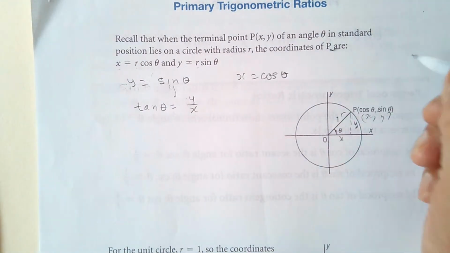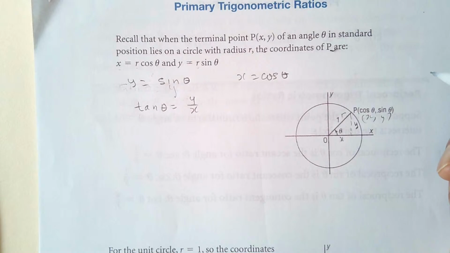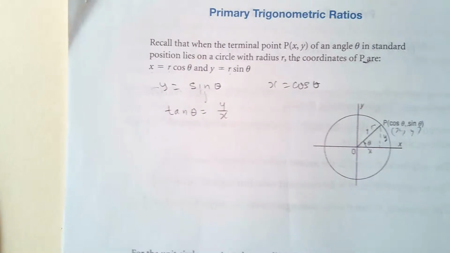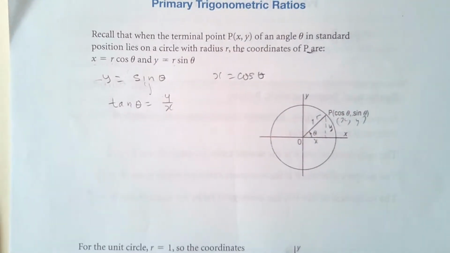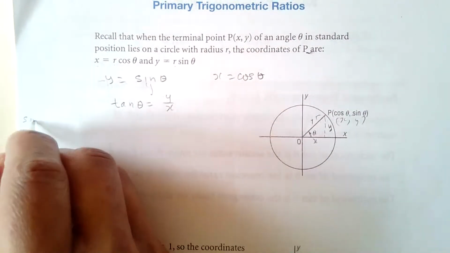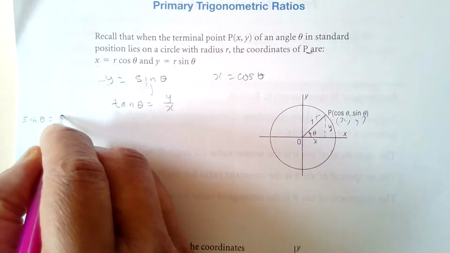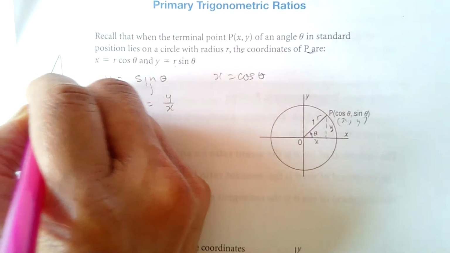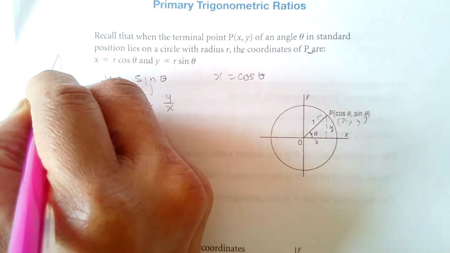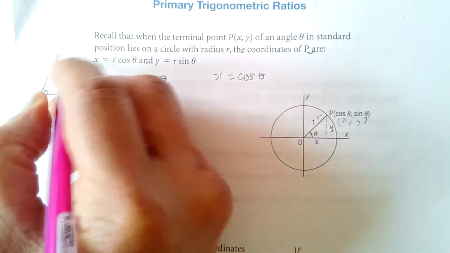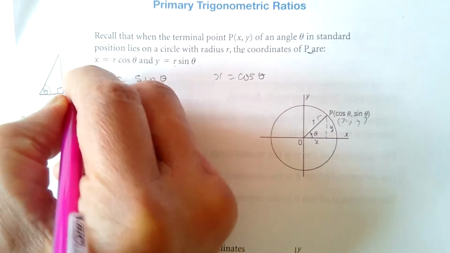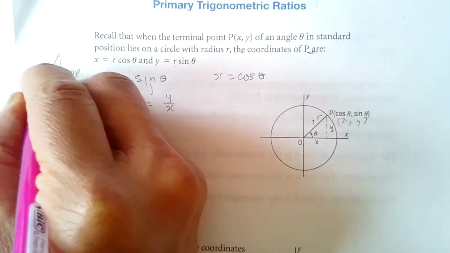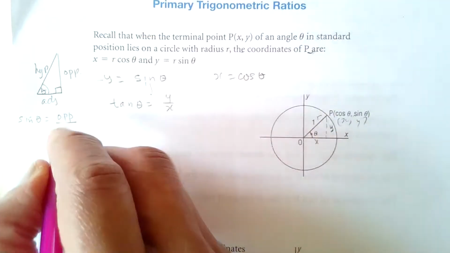And it all stems from the trig ratios we have. Just remember what they are: sine, cosine, and tangent. I'll write it here in the corner just in case you forgot. Sine theta is opposite. Here we have our triangle. So this is my opposite, adjacent, and hypotenuse.